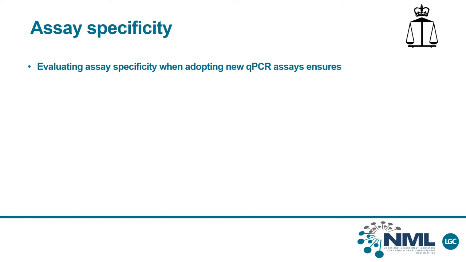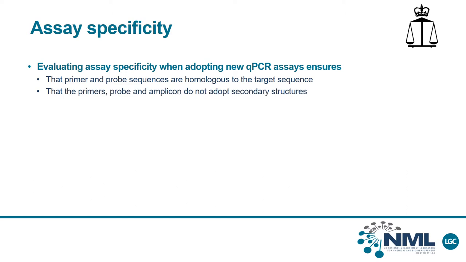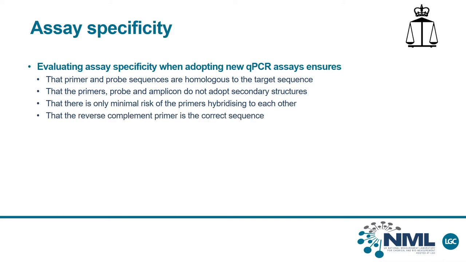Validation of assay specificity ensures that the oligonucleotides are homologous to the target sequence, do not adopt significant secondary structure or hybridize with one another, and that the reverse complement primer sequence is correctly orientated.